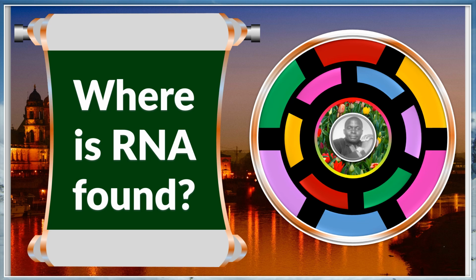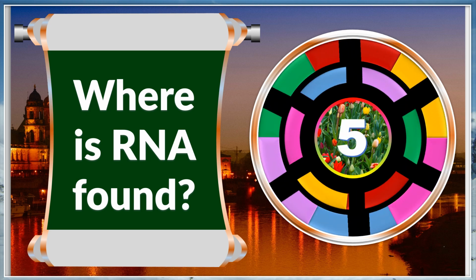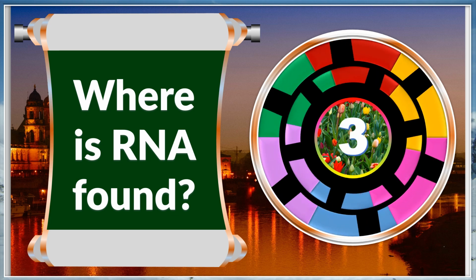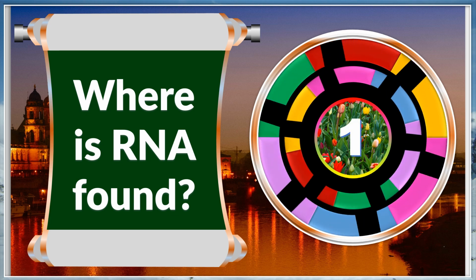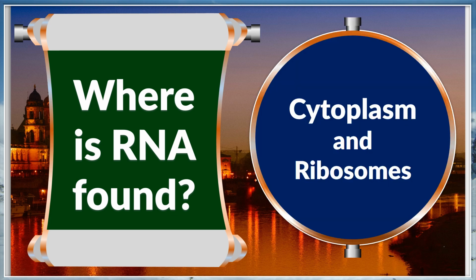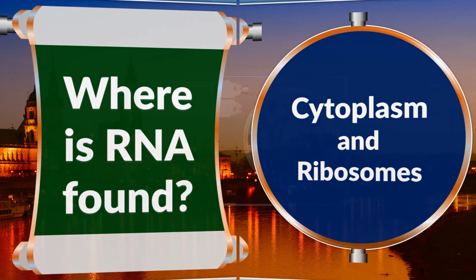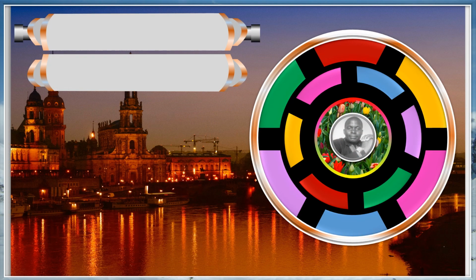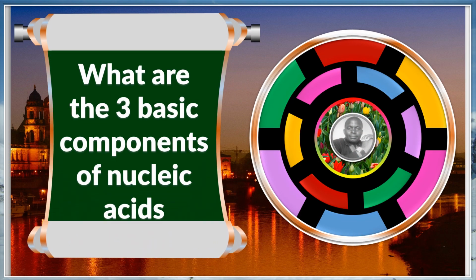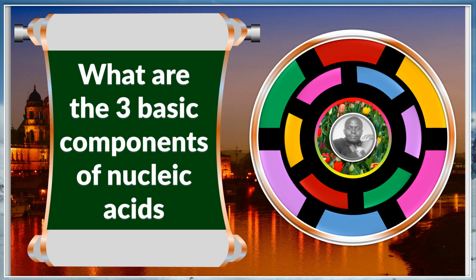Where is RNA found? Cytoplasm and ribosomes. What are the three basic components of nucleic acids?